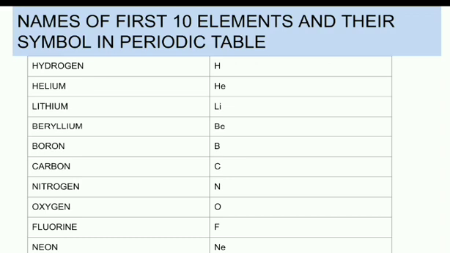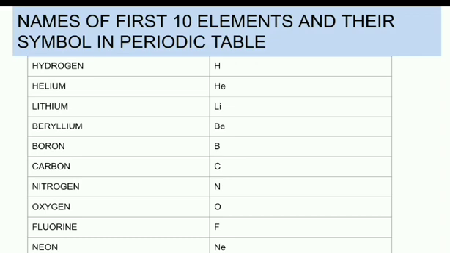Now we are going to study the names of first 10 elements and their symbol in periodic table. What is a periodic table? It is a tabular representation of all the elements in chemistry.